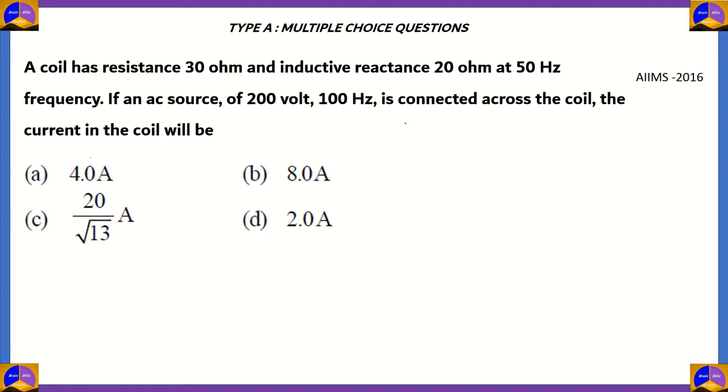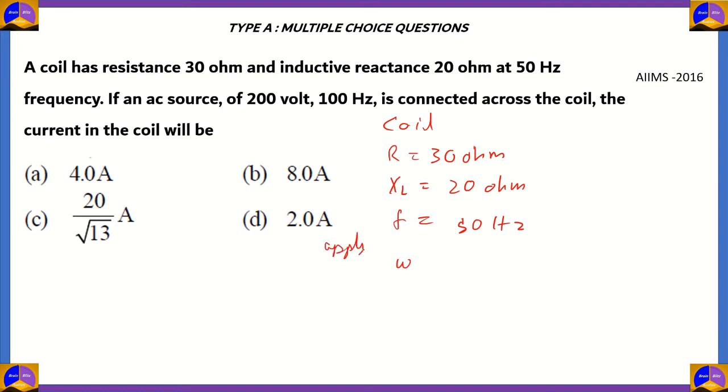So, for the coil, we have R equal to 30 ohms, and it's going to stay that way. XL is equal to 20 ohms. And the frequency is equal to 50 Hertz. Let's apply omega is equal to 2 pi times F, so we can find out the angular frequency.